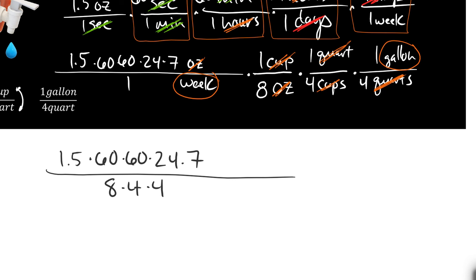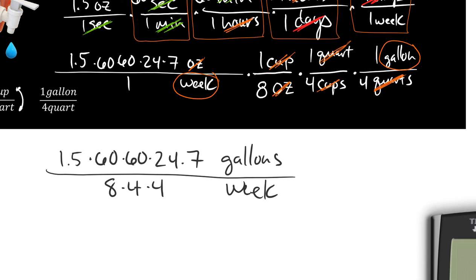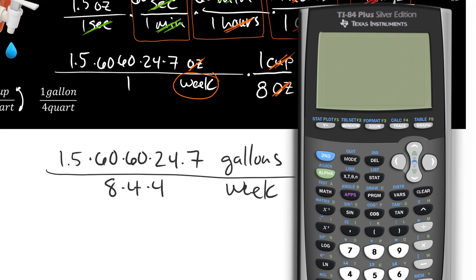So the units in my numerator are gallons, and in my denominator I have weeks. So it's still a rate, right? Gallons per week instead of ounces per second. So now let's take a look at what this number actually is. I just start by entering the 1.5, and I'll do times 60 squared, because that's 60 times 60, times 24, and then times the number 7.